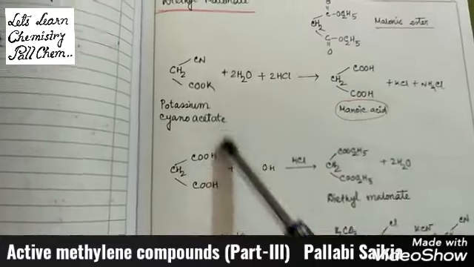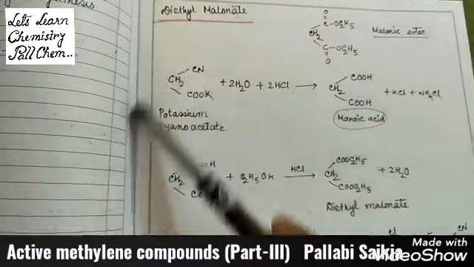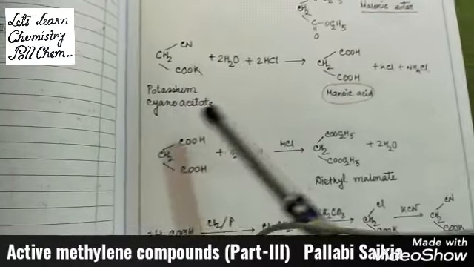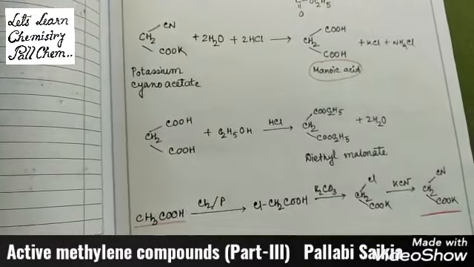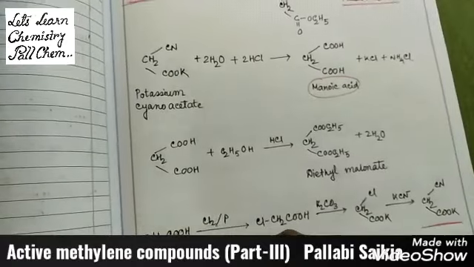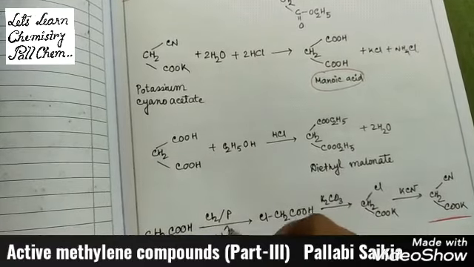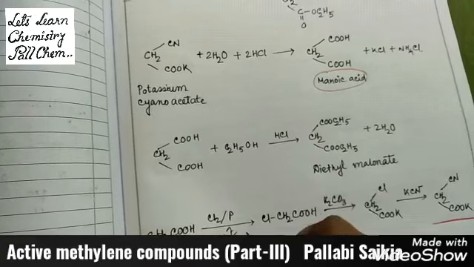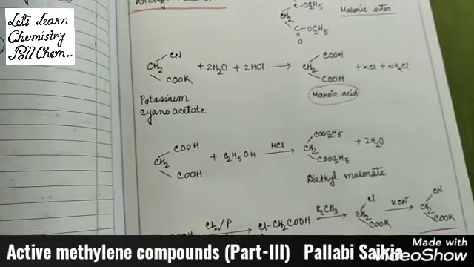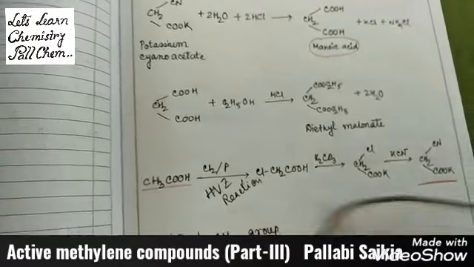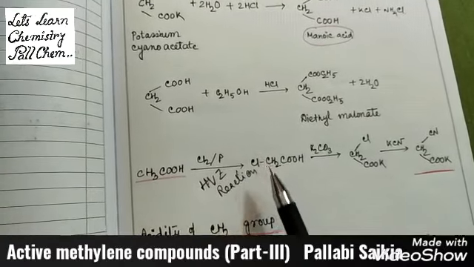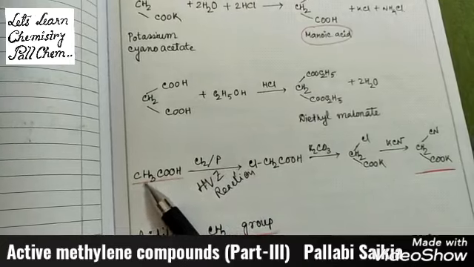Now, how do we get this potassium cyanoacetate? Potassium cyanoacetate is obtained from acetic acid with a well-known reaction, the HVZ reaction, the Hell-Vollard-Zelinsky reaction, which involves the alpha halogenation of an acid.